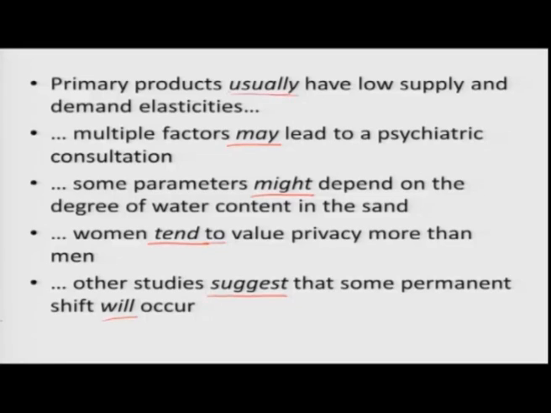So, it is better you use a hedging device here, usually. You say, okay, 90 to 95% this is the case, but I am acknowledging that in 5% there may be error, maybe some other kind of situation.